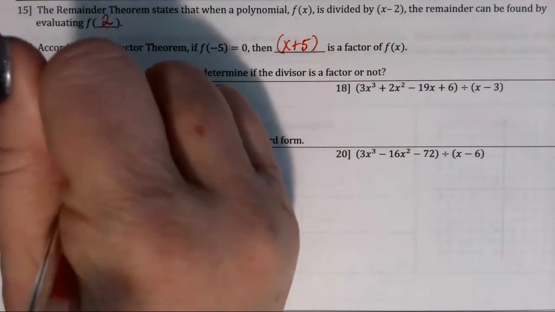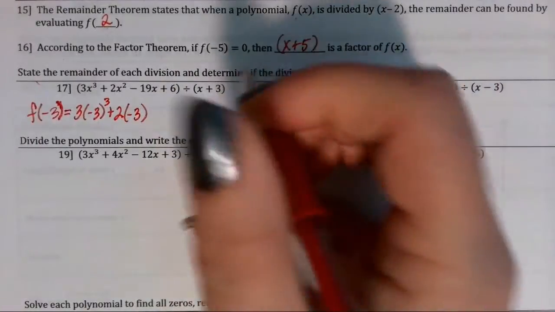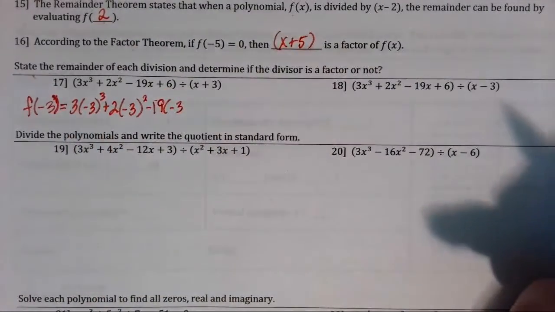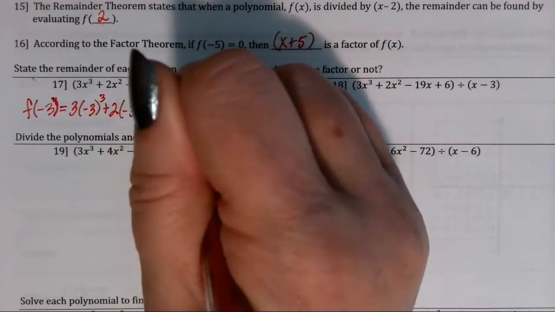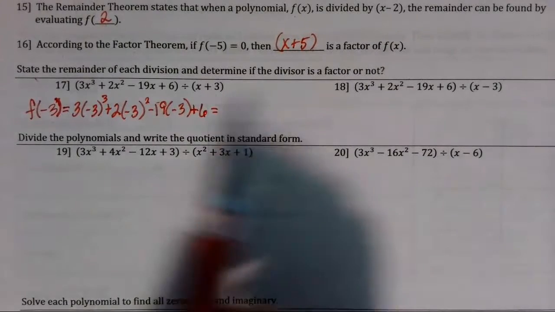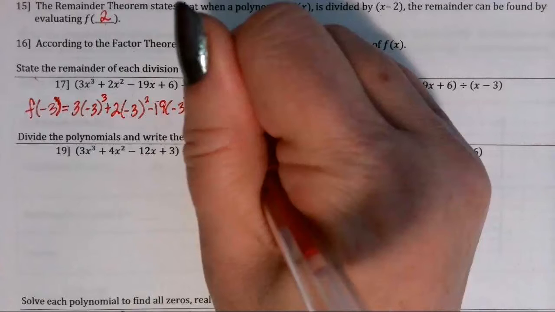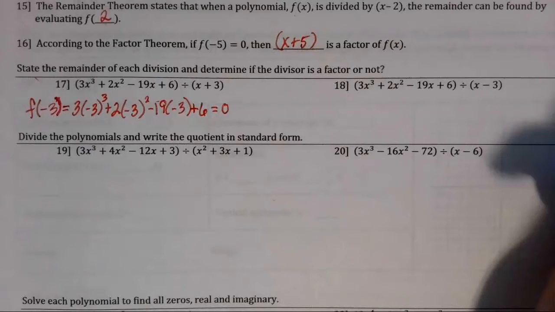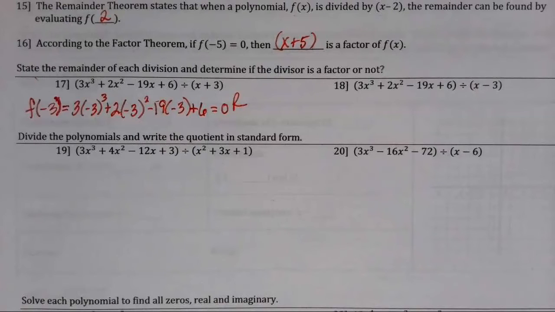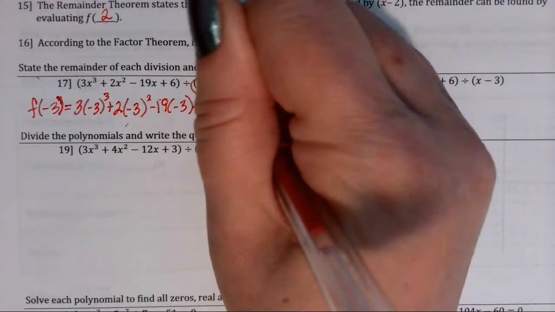So 3 times negative 3 cubed plus 2 times negative 3 squared minus 19 times negative 3, and then plus the constant of 6. And that, when we put that in the calculator to evaluate, gives us a 0, and that 0 is the remainder. So since we have a remainder of 0, x plus 3 is a factor.